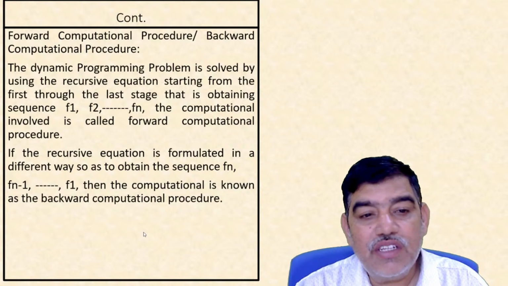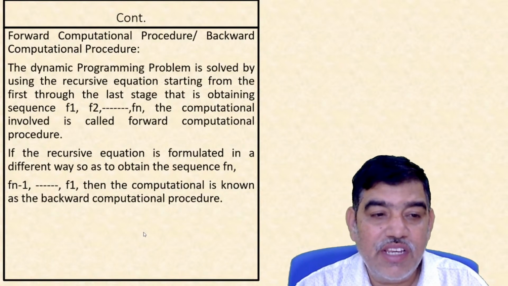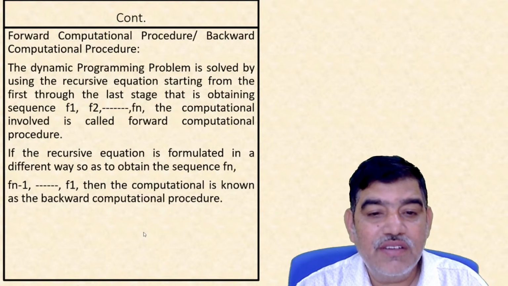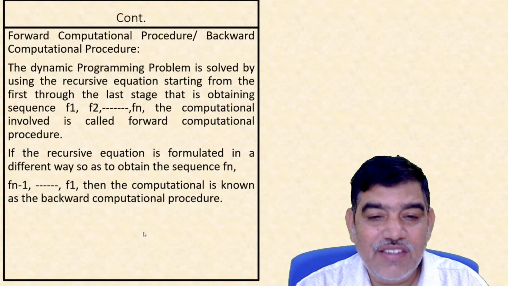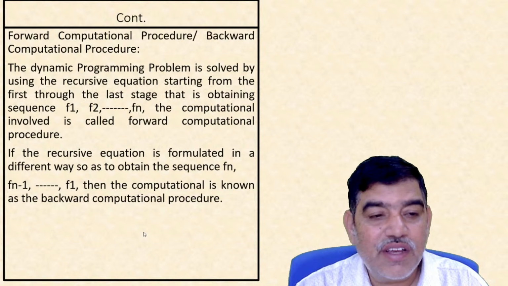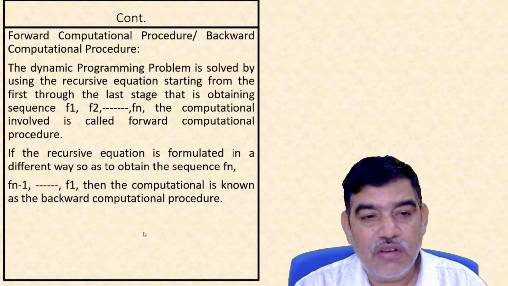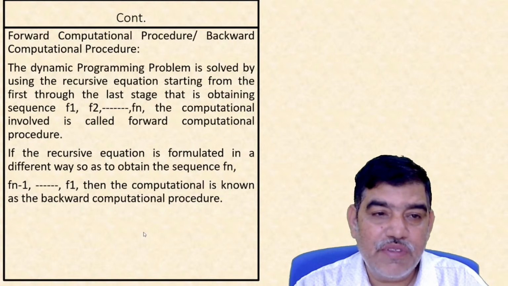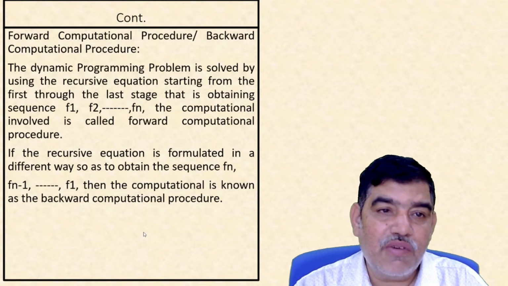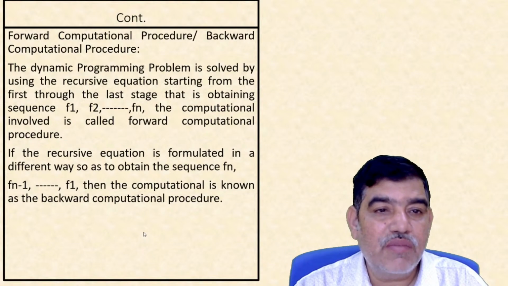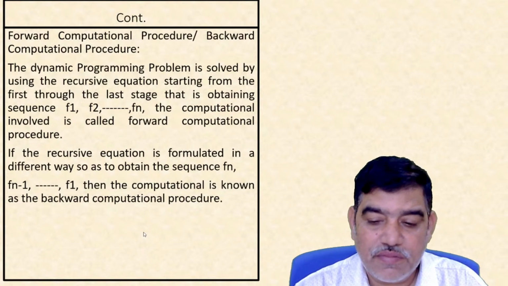Similarly, if the recursive equation is formulated in such a way that the sequence is backward, that is Fn, Fn-1, then up to F1, then the computation is known as the backward computational procedure. So we can solve dynamic programming problems in two ways: forward or backward computational procedures.